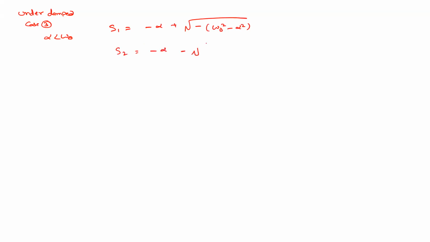So next one, we have underdamped, where alpha is less than omega naught. So now S1 will be equal to minus alpha plus the square root of alpha square minus omega naught square, which means minus alpha plus the root of minus of omega naught square minus alpha square, and S2 equal to minus alpha minus the root of minus of omega naught square minus alpha square, right?